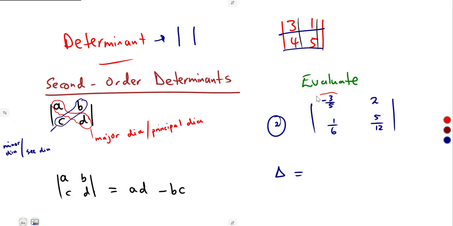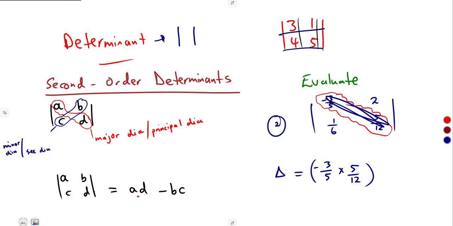So what is the determinant? Product of what you have, A and D. A times D, the major diagonal. So that's negative 3 over 5 times 5 over 12. That's our major diagonal. Minus what we have in the minor diagonal, the secondary diagonal, 2 and what? 2 and 1 over 6. So that's 2 times 1 over 6.